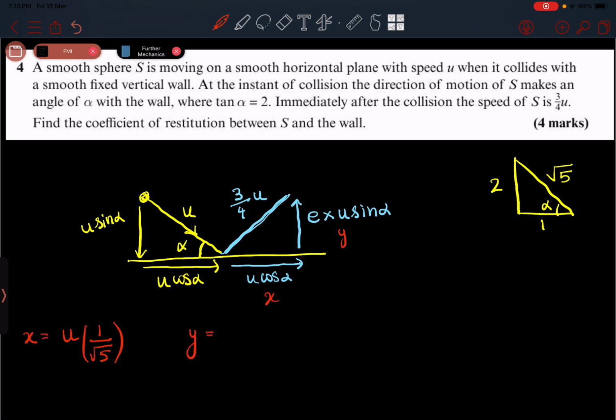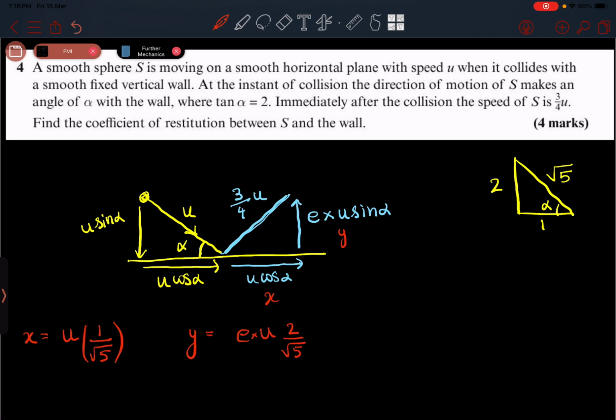The vertical component would be u times sine alpha, so u times 2 over square root 5. And then my coefficient of restitution, we do not know that, so we'll just keep it as e times that.